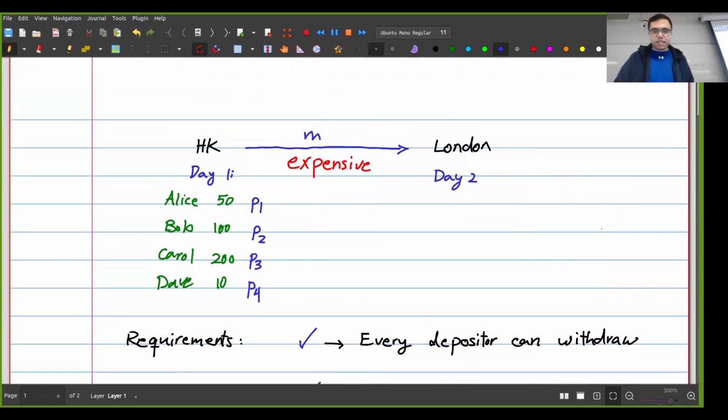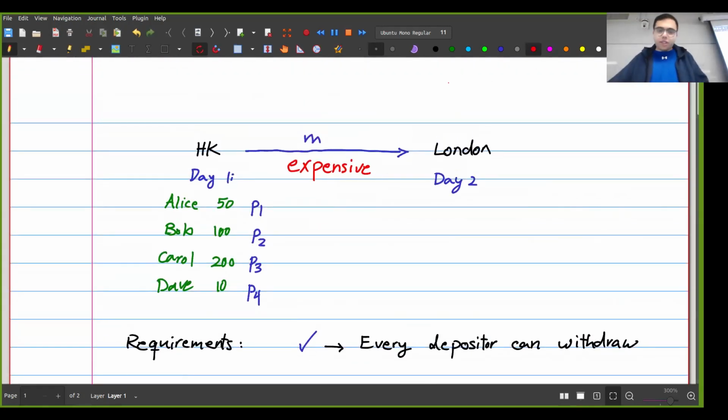So let's do this. Let's say that, first of all, I need a bunch of nonces for my hashes. So let's say whenever someone is depositing money, they're also giving a random nonce to the branch. So Alice, when she deposits the money, she chooses some nonce N1 and also gives this nonce to the Hong Kong branch. And let's say this N1 is just a random string of 1024 bits. And let's say Bob does the same thing, Carol does the same thing, and Dave also does this.